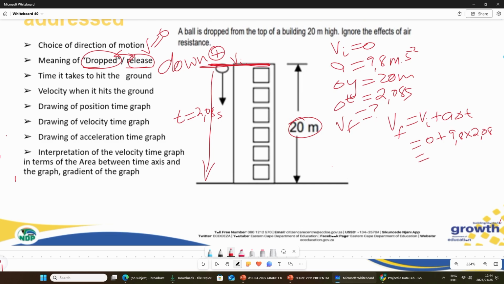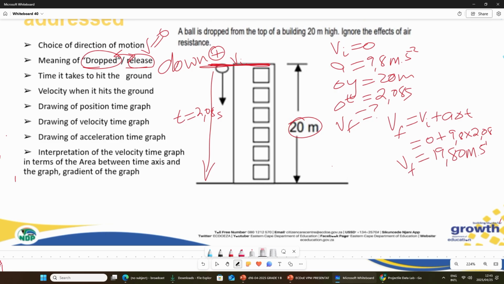If you multiply 9.8 by 2.08, you're supposed to get 19.80 meters per second. The velocity is positive since the motion is downwards.